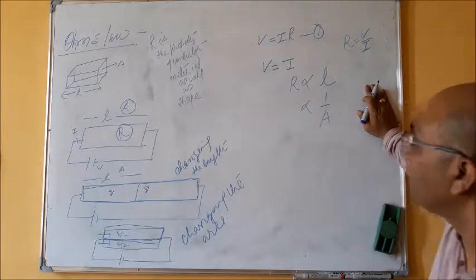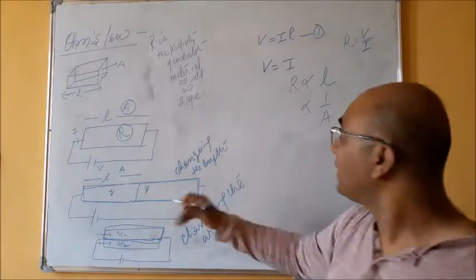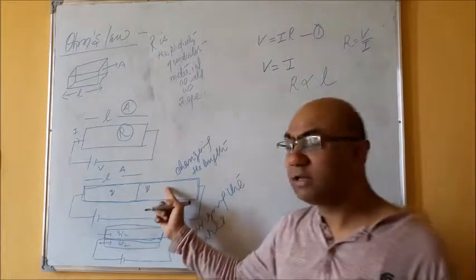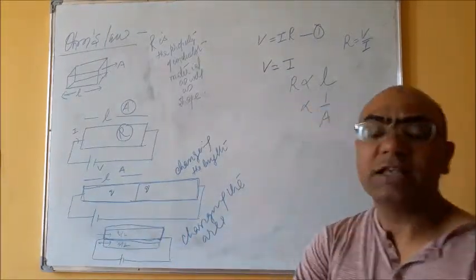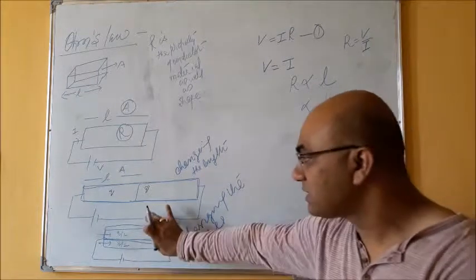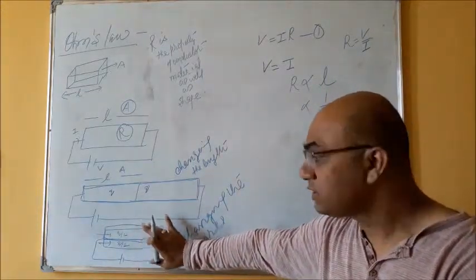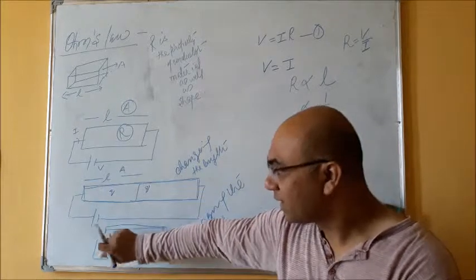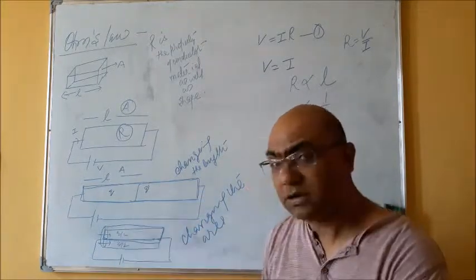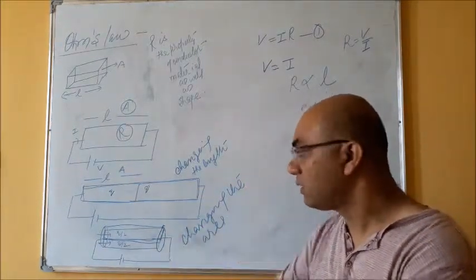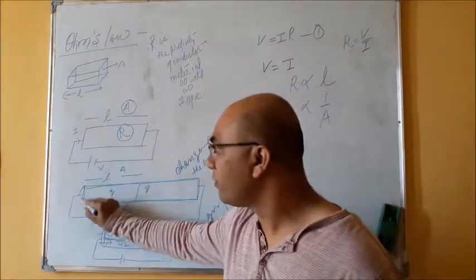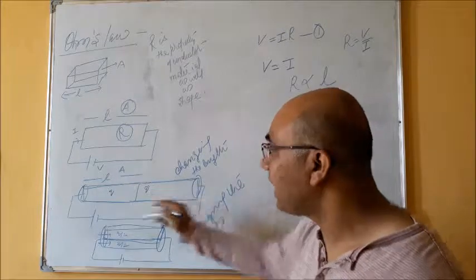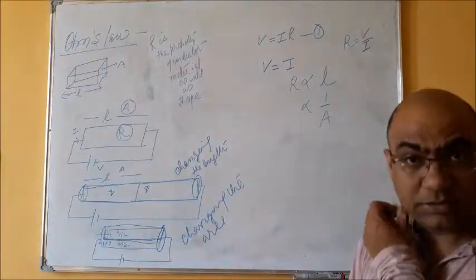Right? So we can say from this that, yes, resistance depends on the length as well as on the area. If we are changing the area, the overall resistance will change, because now the charged particles will flow from this surface to this surface, right? And here the charged particles will flow from the same surface, but they have to travel more length, right?